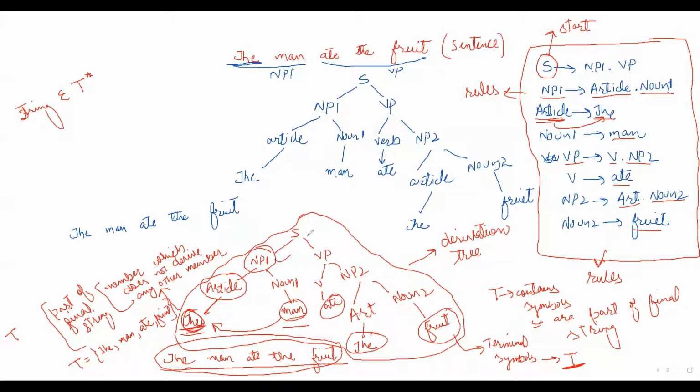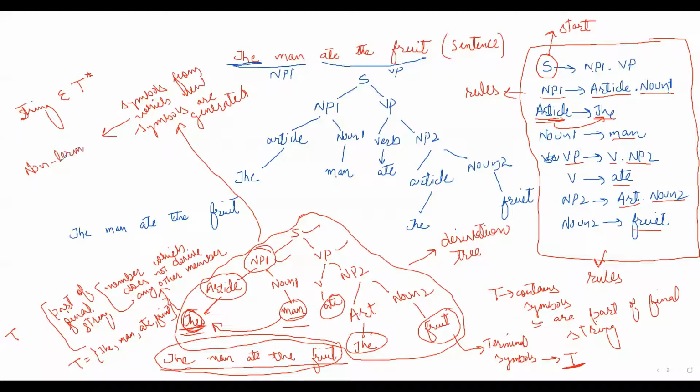Is verb phrase written anywhere in the final sentence? No. So these symbols from which new symbols are generated, and which are not part of the final string, are called non-terminals.